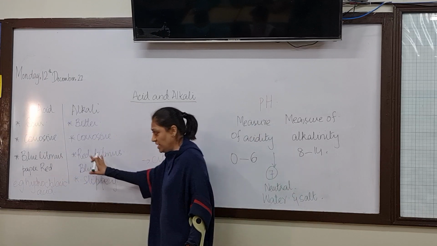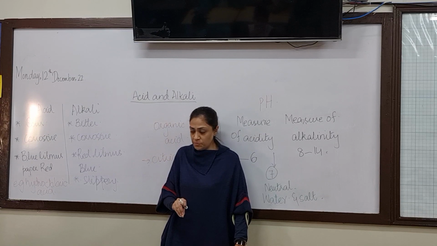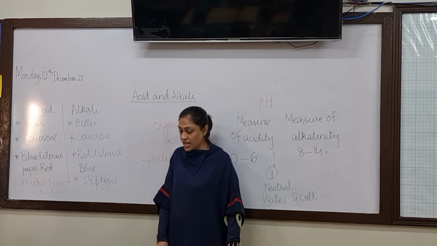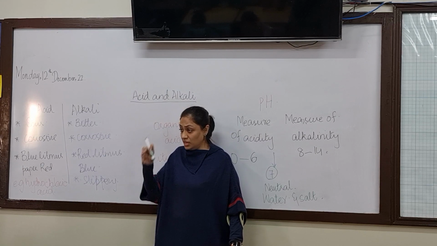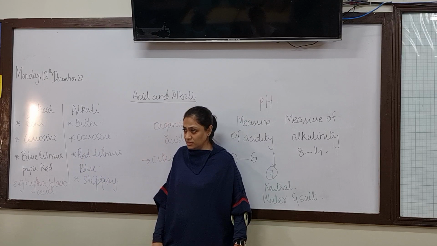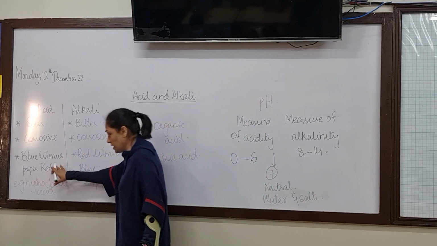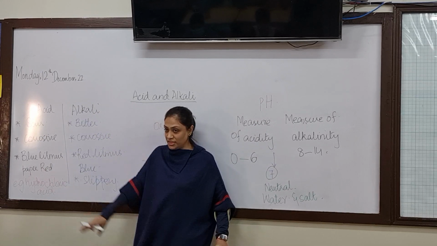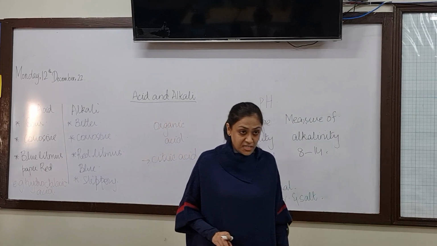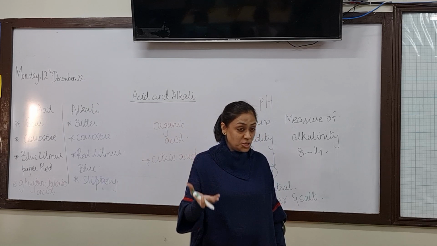If we put litmus paper in a neutral liquid, even if you put the red litmus paper or the blue litmus paper, the color will not change. So we know that this is neutral. Can it tell you the number of it? Will you know that its pH is 7? And even if its color changes from blue litmus to red, does it give you any information about it, that if it is acidic, what will its pH be?